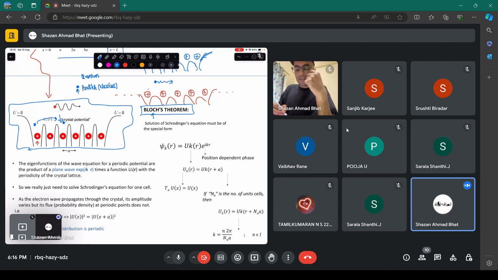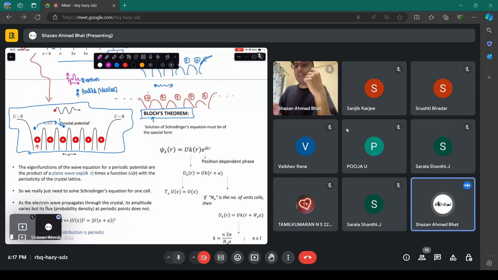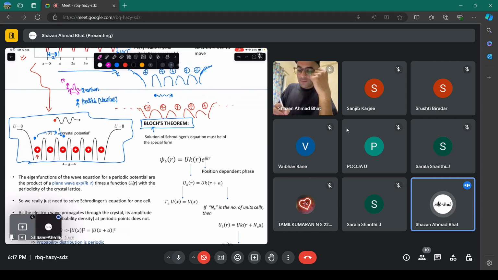The quantum thing tells us a different story. It tells us that this particular electron is actually a wave just like this. This is called a probability wave, and the amplitude of it shows the probability of finding the electron in a particular region. So this is called psi square x, mod psi square. So this tells you the probability of finding the electron.